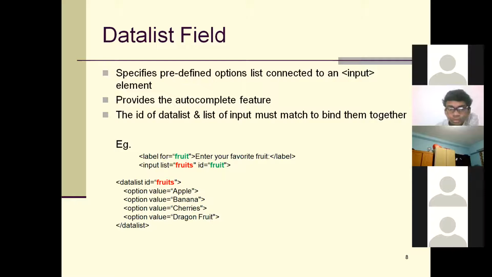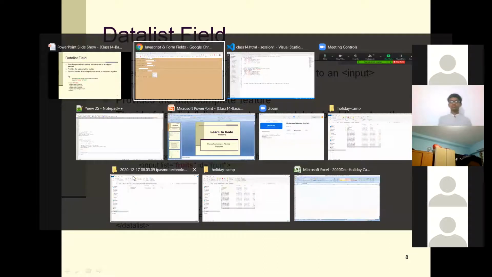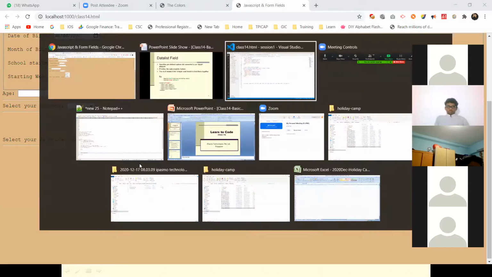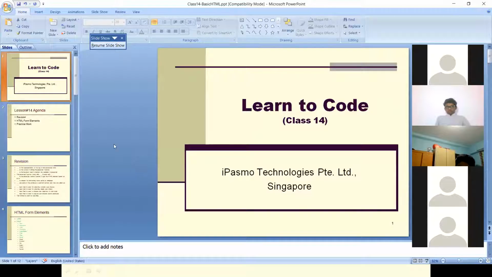Similarly, we have an element in HTML. So what does it do? We have to make use of the input tag again, and then the data list. Let's see here. This one also I haven't tried any time before, so we'll try this one. Data list. Let me go to the slide and copy the content.